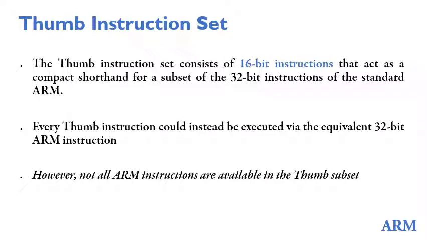When the program is written with a mixture of thumb instructions and ARM instructions, the processor has to change the mode from thumb state to ARM state. In the flag register, there is a bit corresponding to this mode. This bit has to be set or reset to change from one mode to the other.